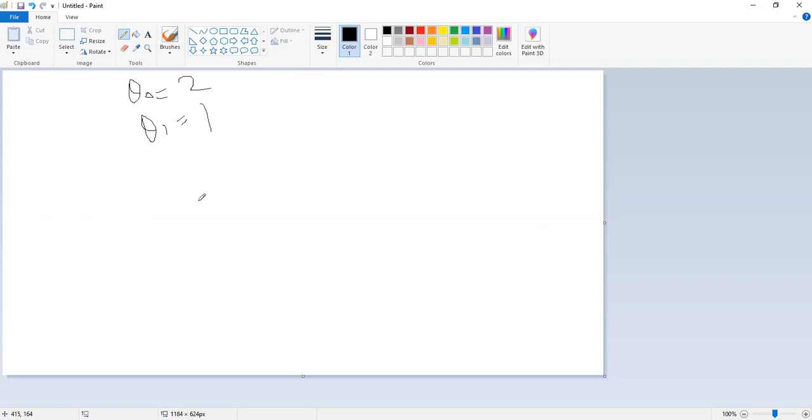For example, this is our start, and now we have to apply this on the actual values. For example, we have y equal to mx, like theta naught plus theta 1 x.